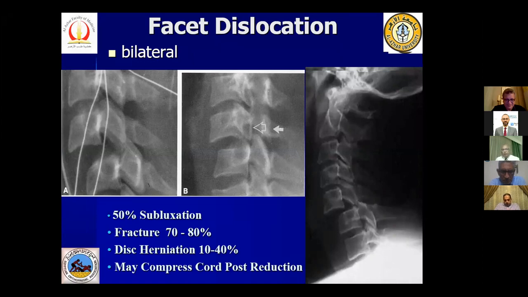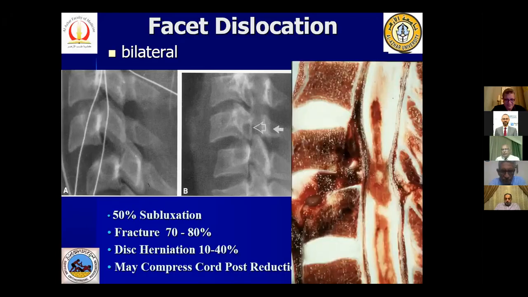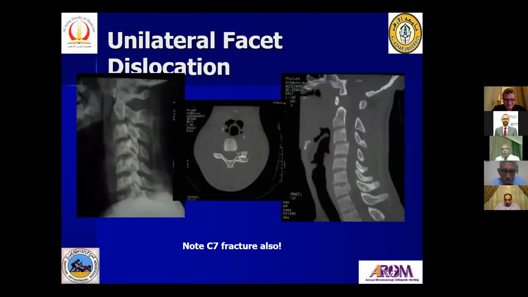So in a patient like this, there is a bulge of the disc space, and if you try to reduce by traction, this may compromise the cord. So for this patient, you have to go from anterior first to remove the disc material, then go back, reduce the facet dislocation, and then go anterior again for fixation.